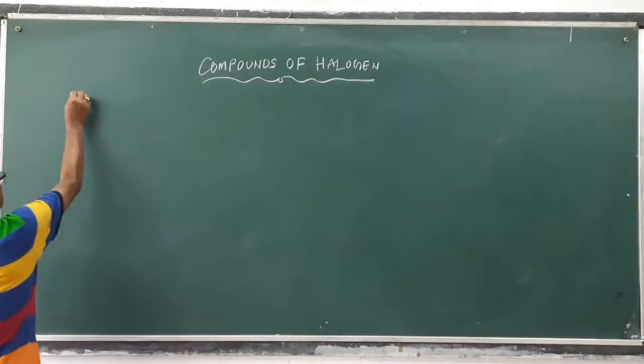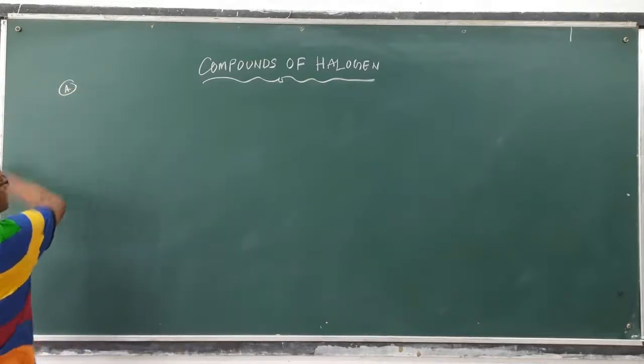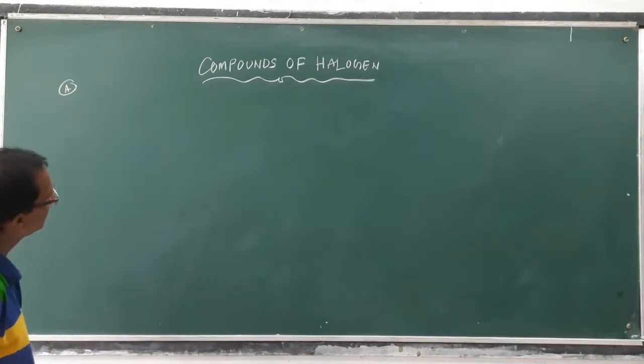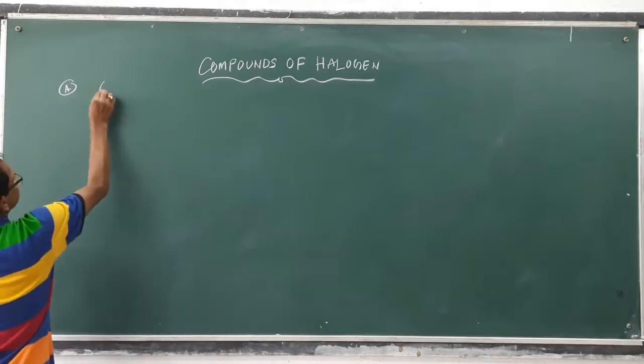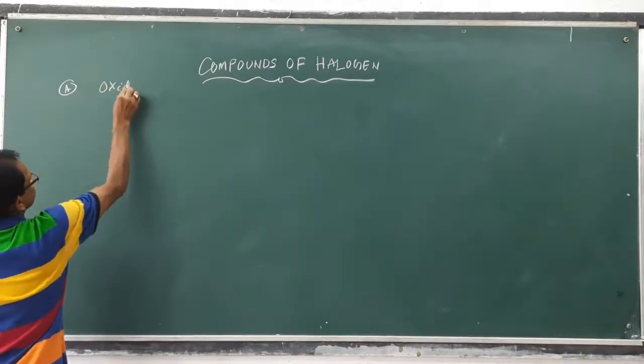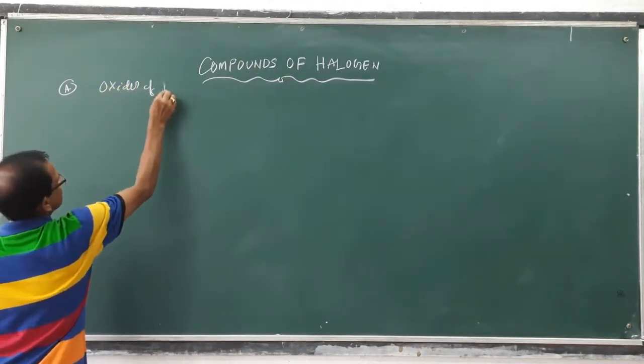First, let us discuss the oxides of halogens.